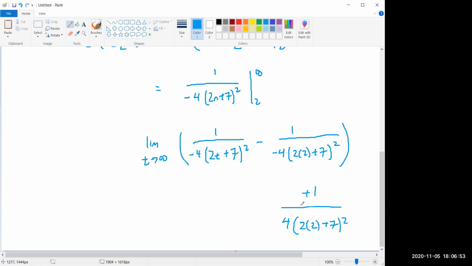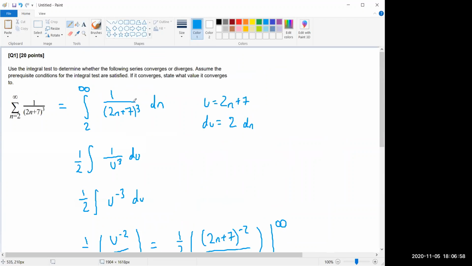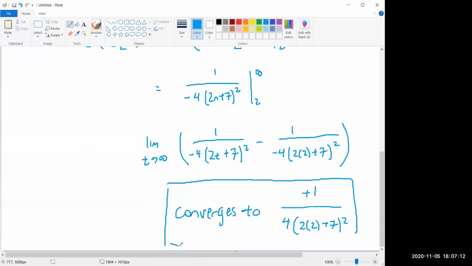That will be the answer to your integral, which means our series is also convergent, and it converges to this number here. All right. Is everyone okay with that? Yes, okay.